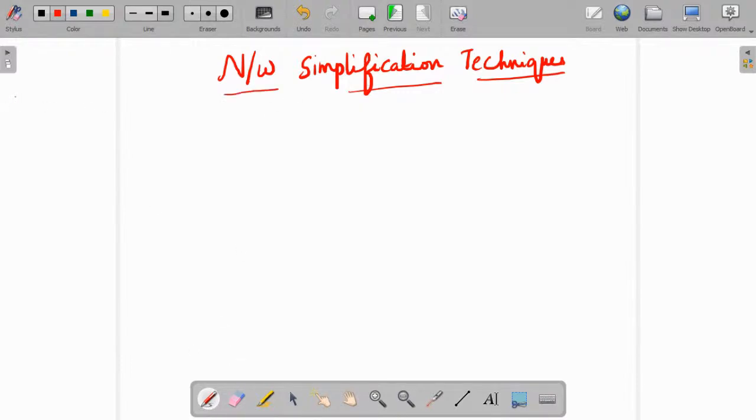So the first simplification technique is series or parallel simplification.